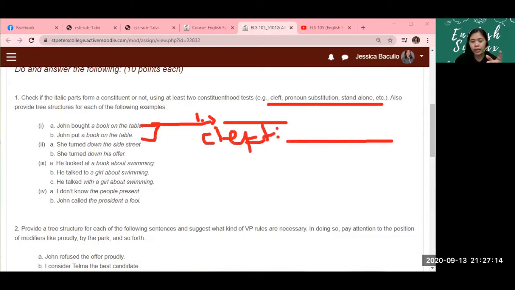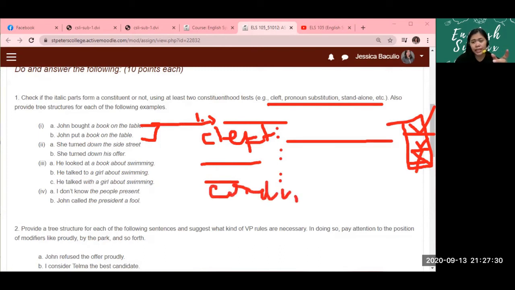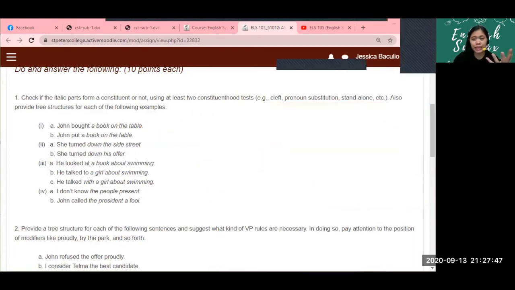You can just write a box on the right side of each test, and then you can just check. If not wrong, then explain the conclusion or final answer. The italic phrase is indeed a constituent because it passes the constituenthood test, just like that. Okay, so it's actually very easy if you just be creative with how you present your answers.